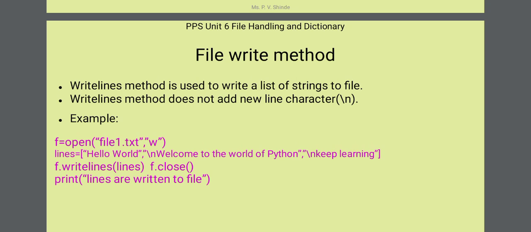If instead of writelines I had to use the write method, I would have to use three separate write methods. For example, f.write hello world, on the new line f.write welcome to the world of Python, on the next line f.write keep learning.